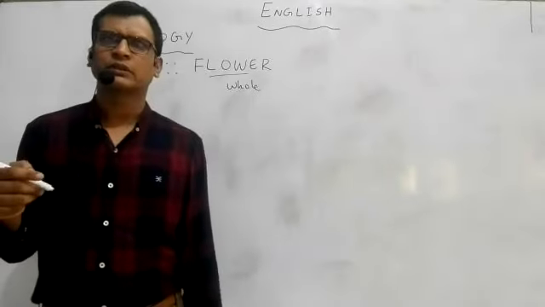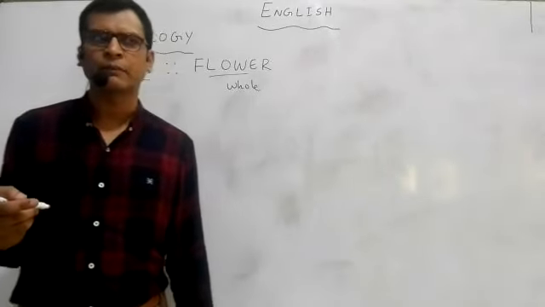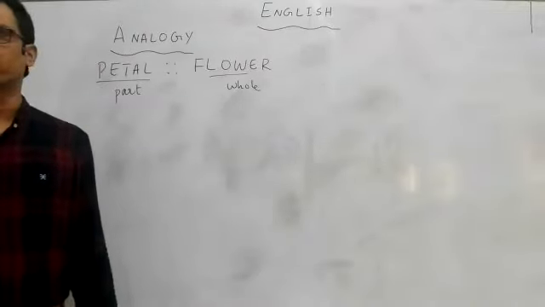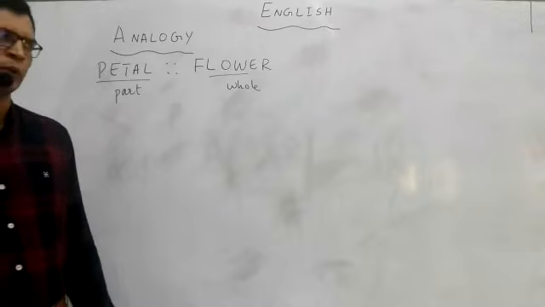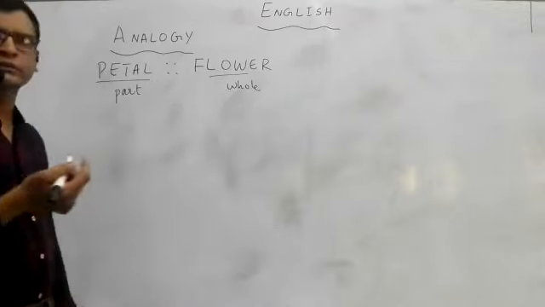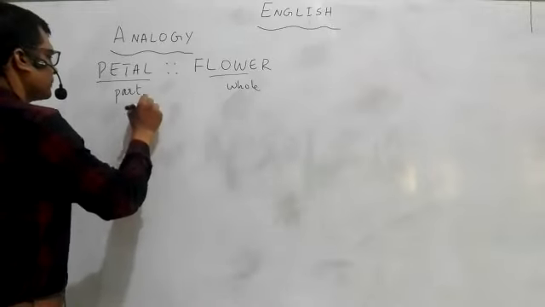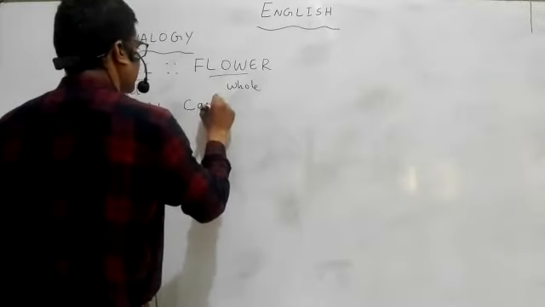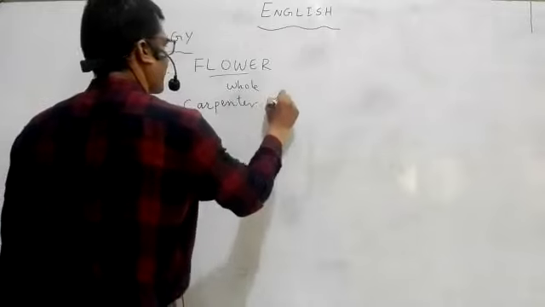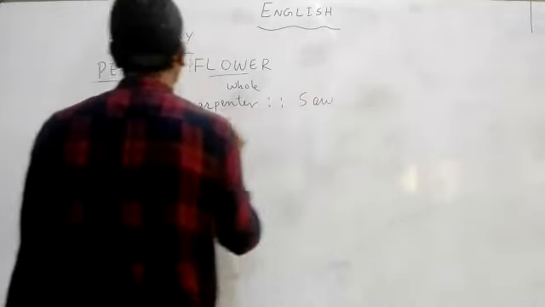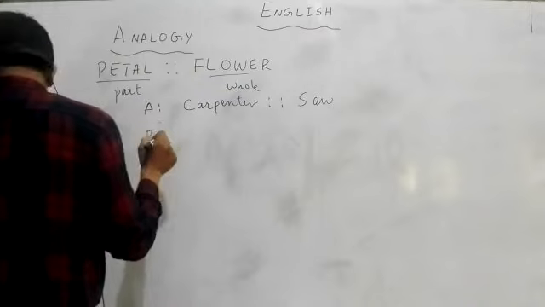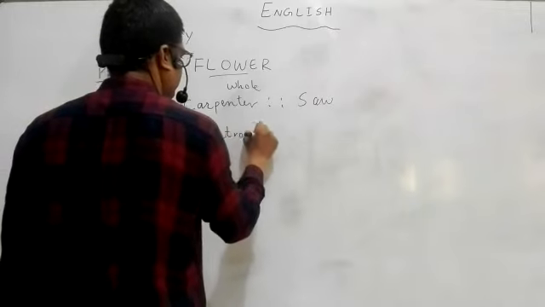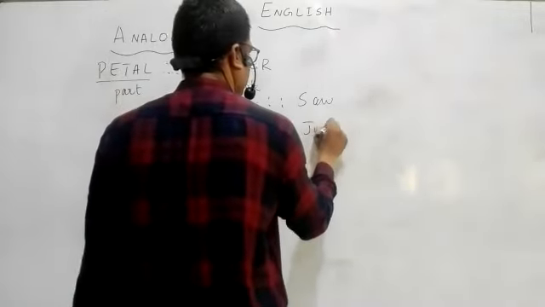In analogy, most of the questions that come are from such kind of relationship in which we have a part and then we have to think of a whole. If we have a certain question, we'll have choices. For example, choice A is carpenter and saw. B is courtroom and judge.